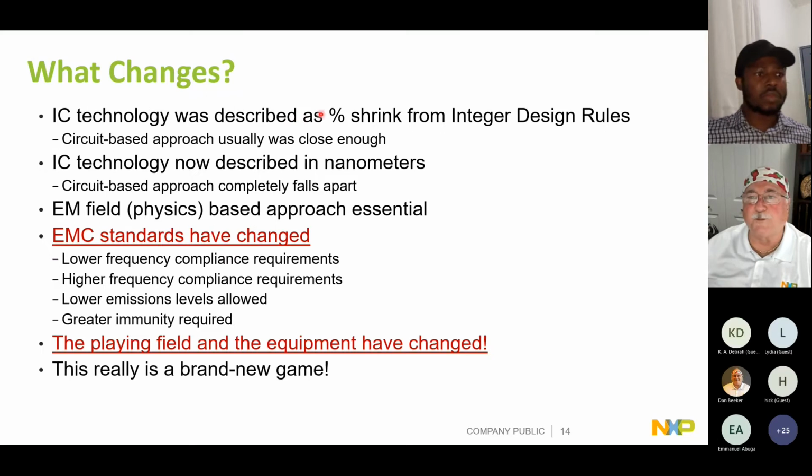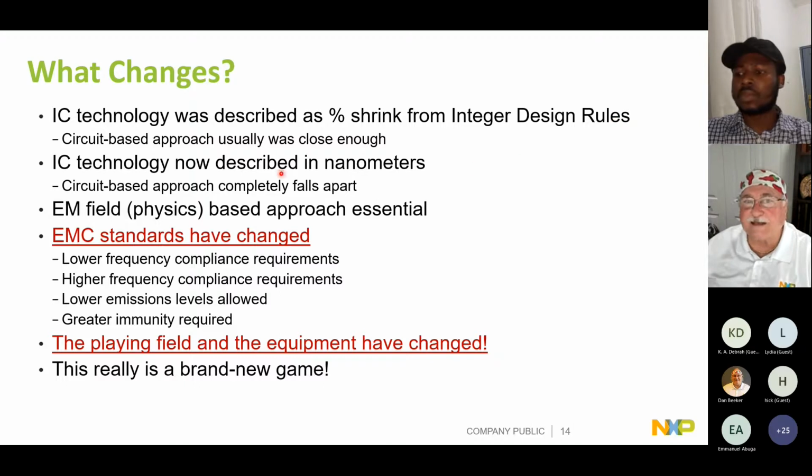So the changeover point seems to be, Ralph was all about nanos. And when I first started working in the industry, everything was described as a percent of shrink from the original design rules. And so 85%, 65%. And these were reductions in geometry used in the photolithography process.